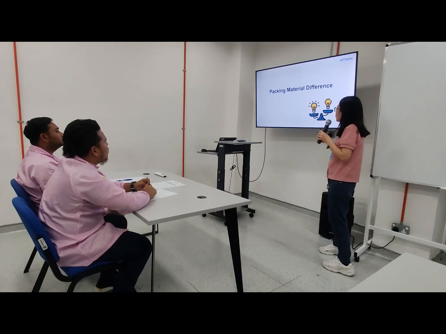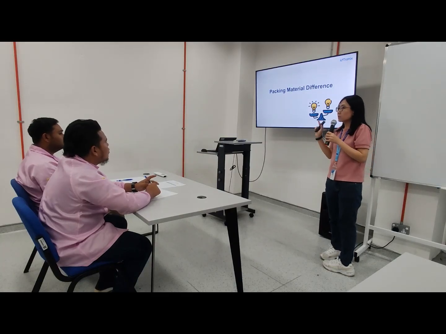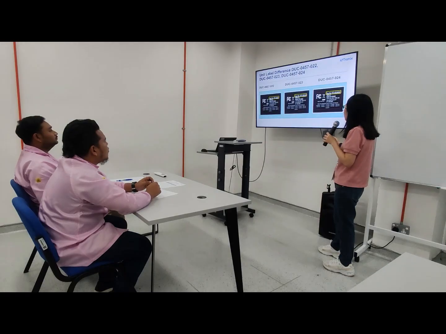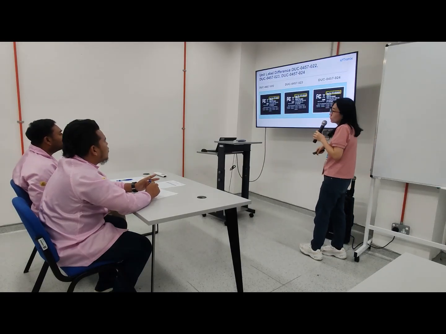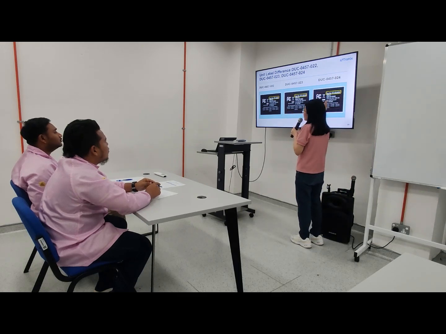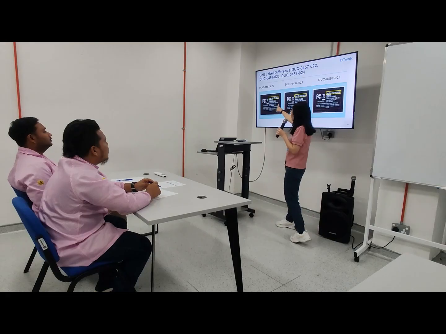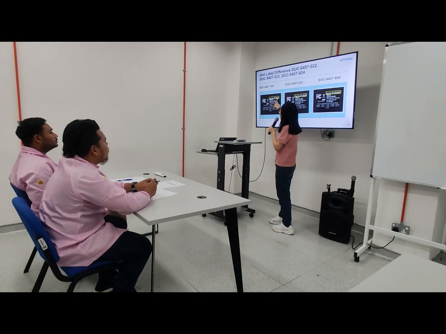Next, go for packing material differences. What's the different model? What are the packing material differences? Okay, this one is also for model 457. We have 3 types: 022, 023, and 024. The main difference is the item number. First, we can see here SEC QS 24.